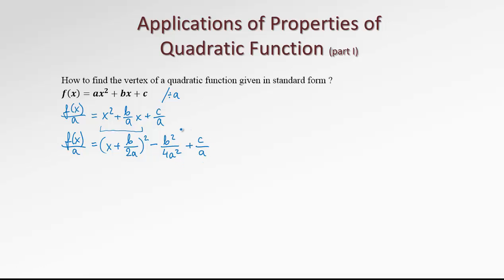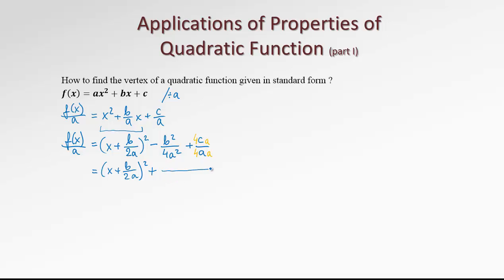In the next step, we would like to combine these two fractions under the common denominator. So to bring the c over a to the common denominator 4a squared, we multiply the top and the bottom by 4a. Therefore, we have x plus b over 2a, squared, and then if we want to keep a plus here, we're going to write this minus just by b squared.